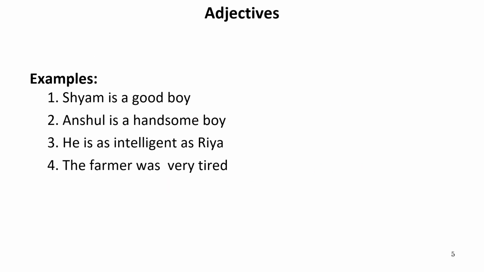Now let us move further. We can see some examples over here. For example, Sham is a good boy. Now good is positive degree of adjective. Anshul is a handsome boy. So this handsome is positive degree of adjective. He is as intelligent as Ria. So he is compared with Ria and they are both intelligent at the same level.